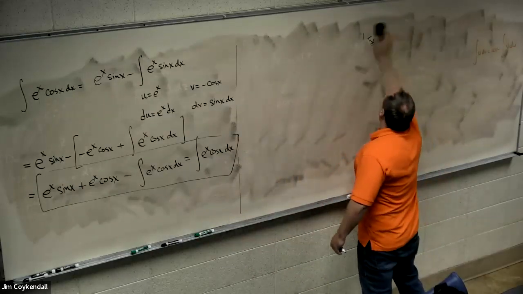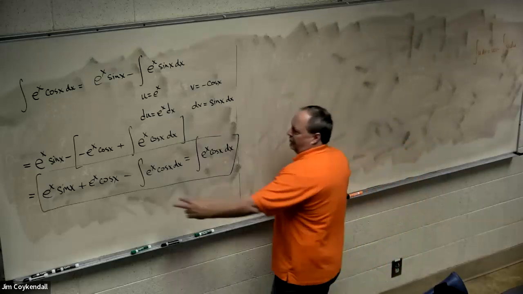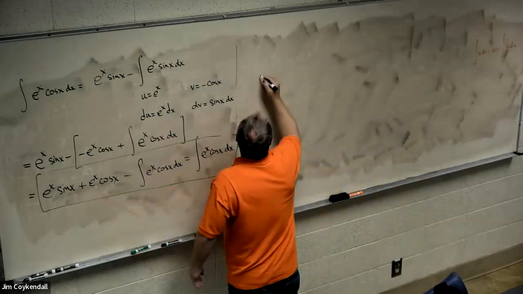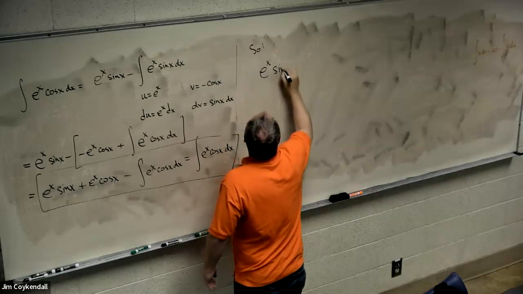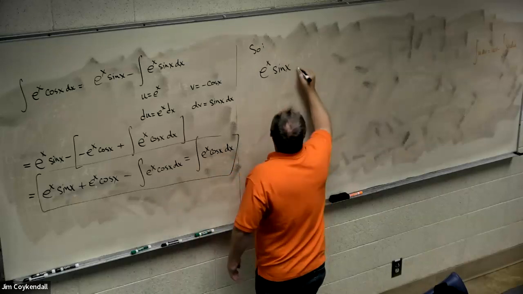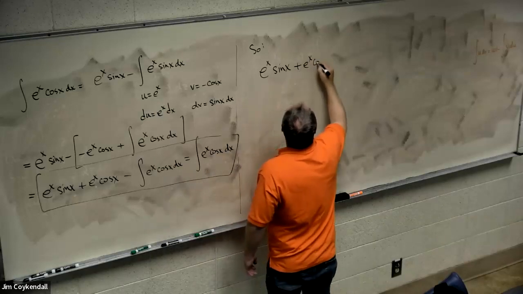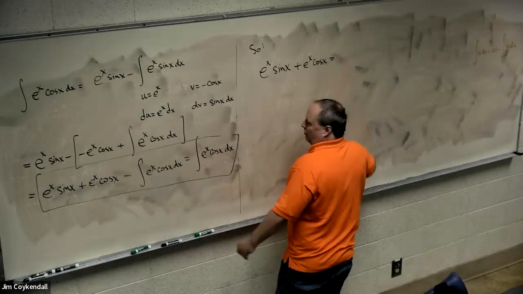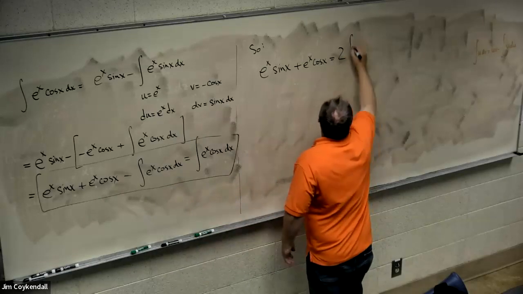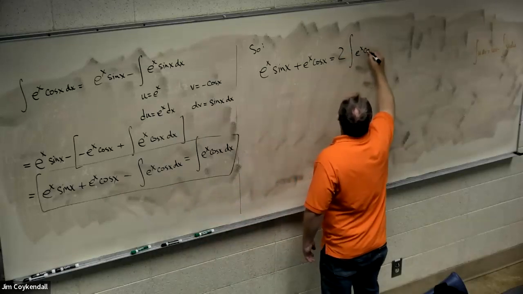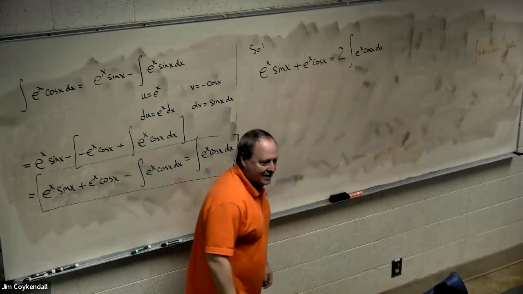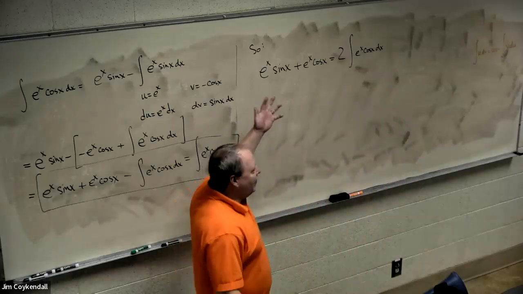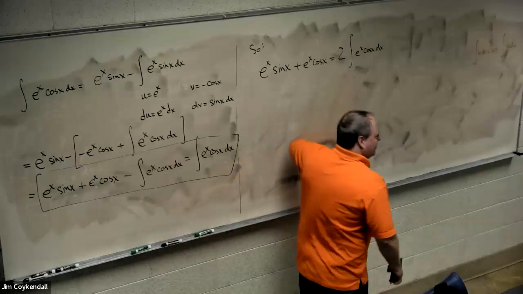What I get is e to the x sine x plus e to the x cosine x is equal to 2 of these integrals I was looking for. Everybody agree with that? So just solve it. Divide both sides by 2.